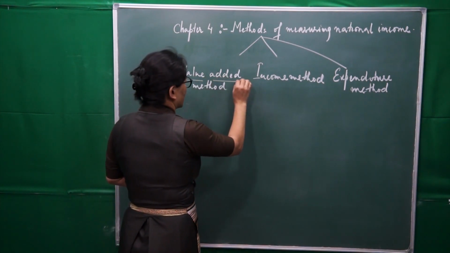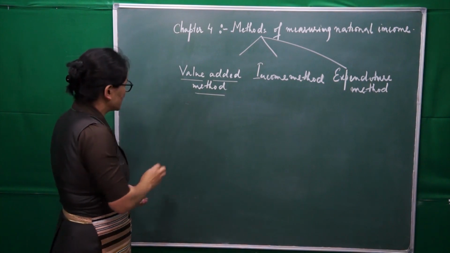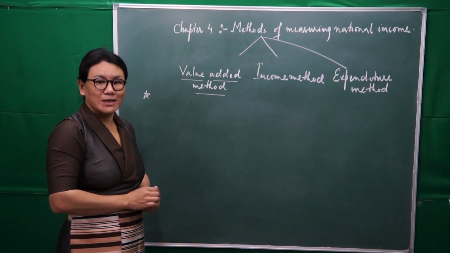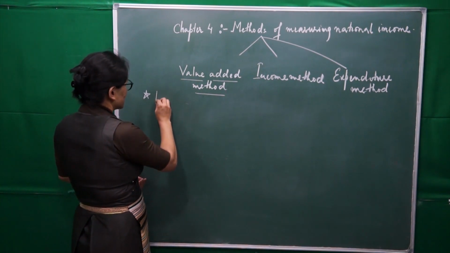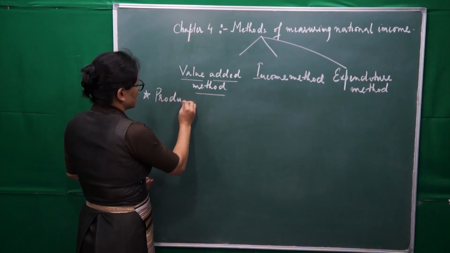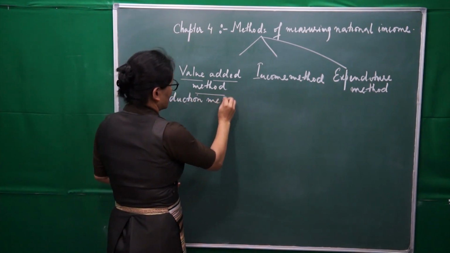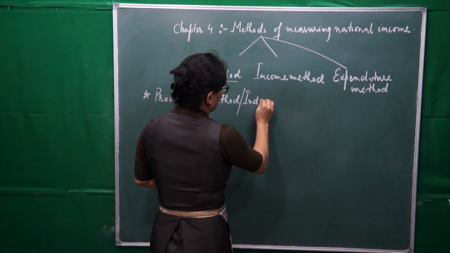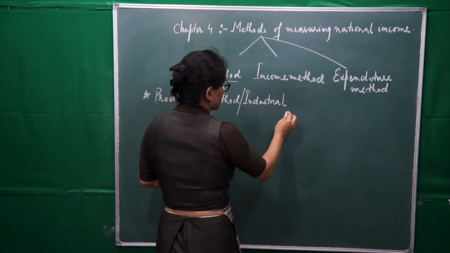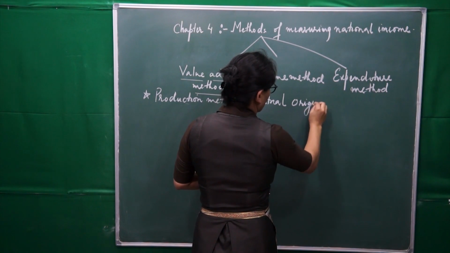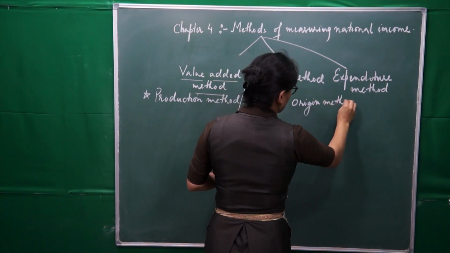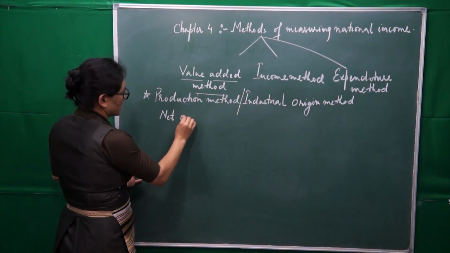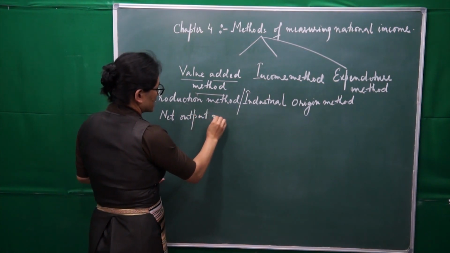Now, what is this value added method? This method is called by different names. It can be called as production method or product method, also called as industrial origin method, or net output method.